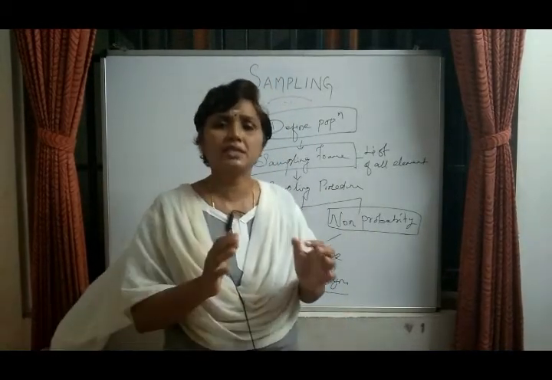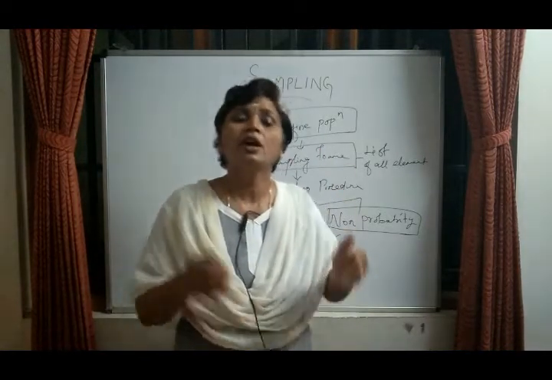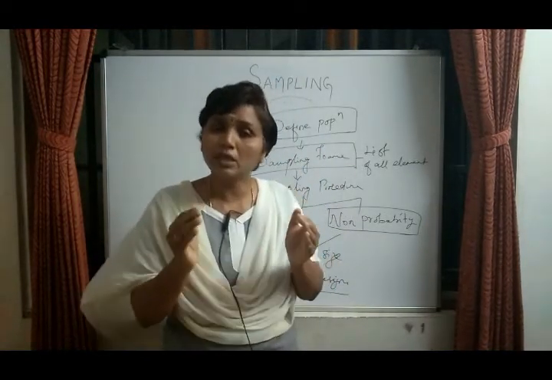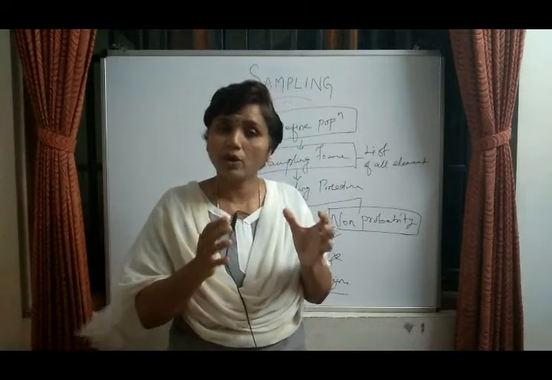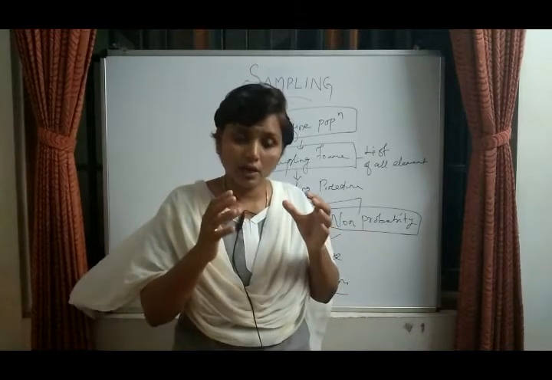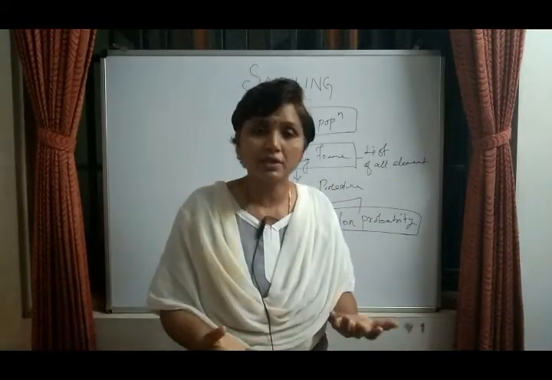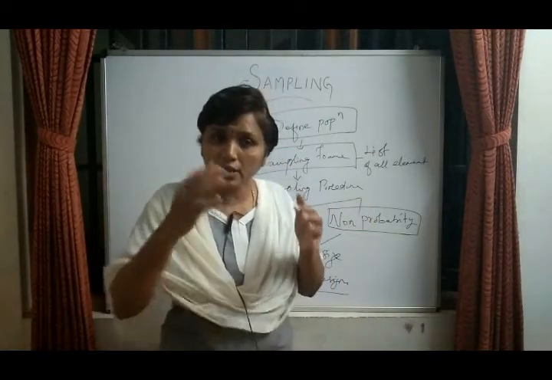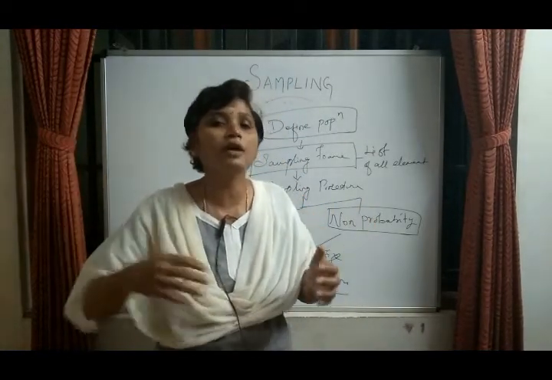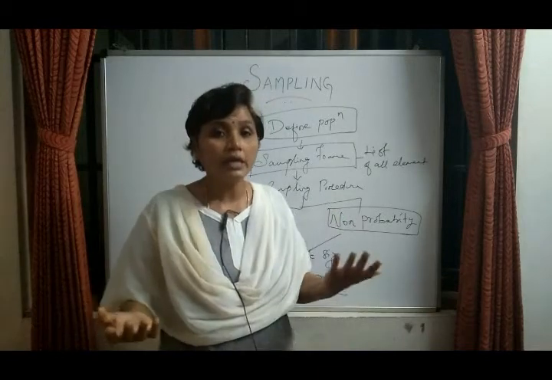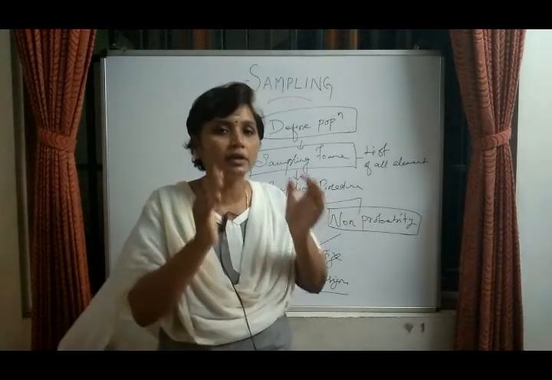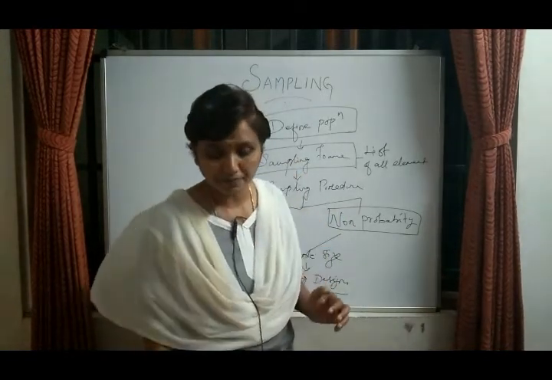And the budgetary constraint: when we are doing the study, we have to think about the budget, how much we are going to spend on this research study. When the sample size increases, the budget also increases. So we have to determine the size. Okay.